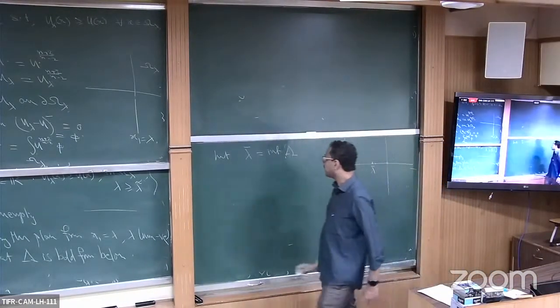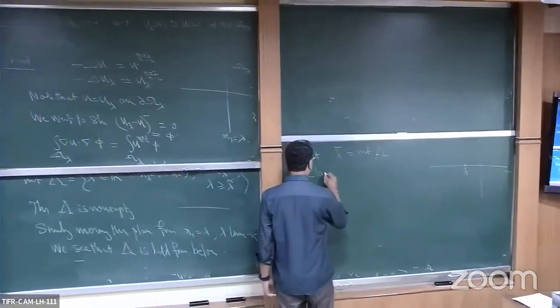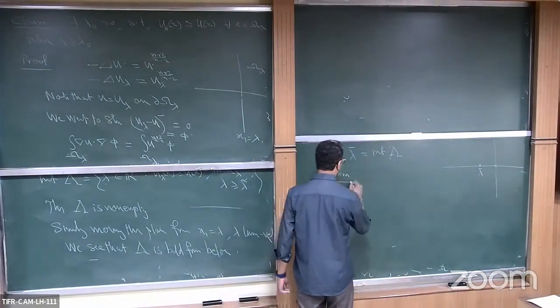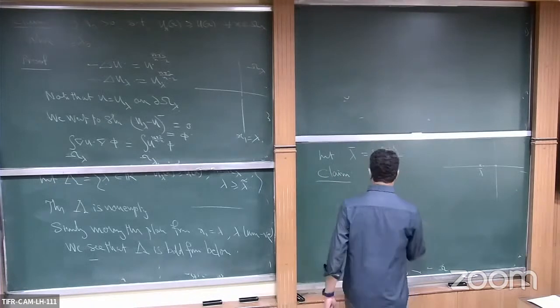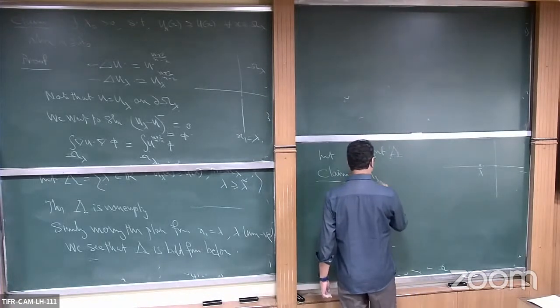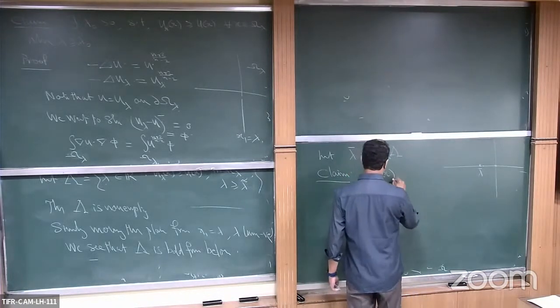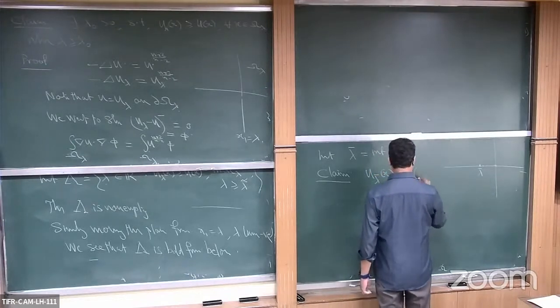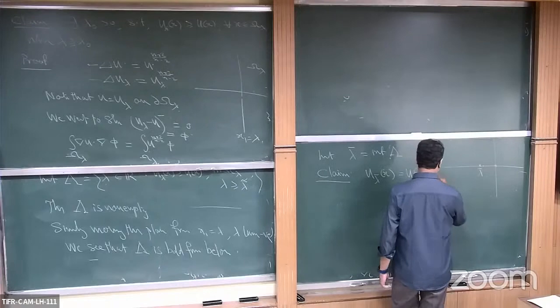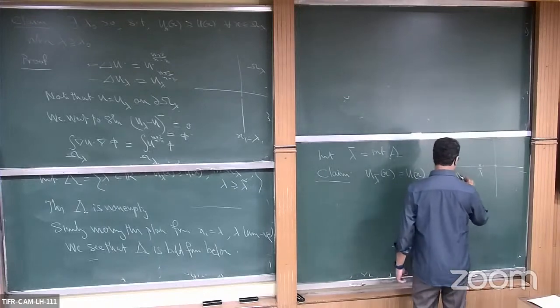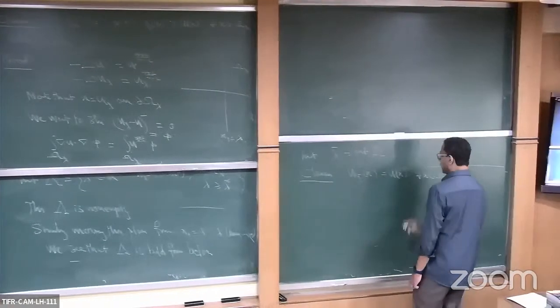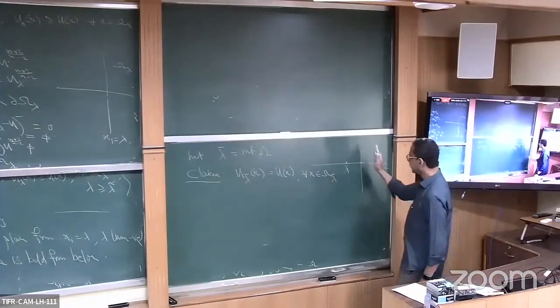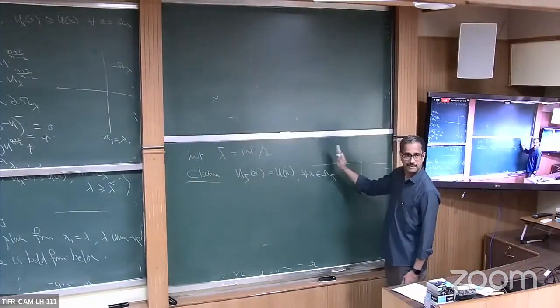So my claim is that lambda bar is going to be the same as rho. That means it is symmetric with respect to this plane.